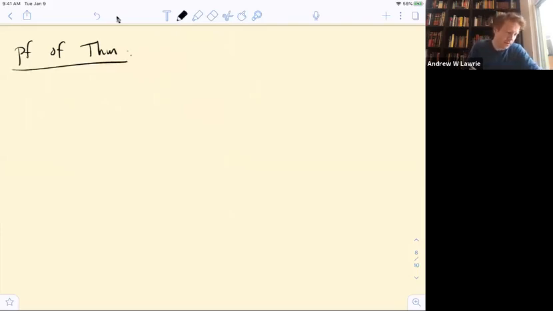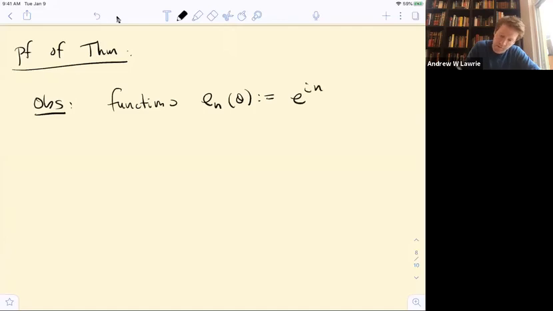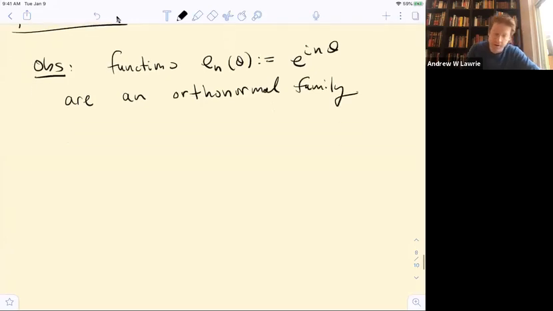Okay, so the first observation is that the functions, I'll call them e_n of theta, defined to be e to the i n theta, are an orthonormal family. So if I take the inner product of two of them, we did this computation already.